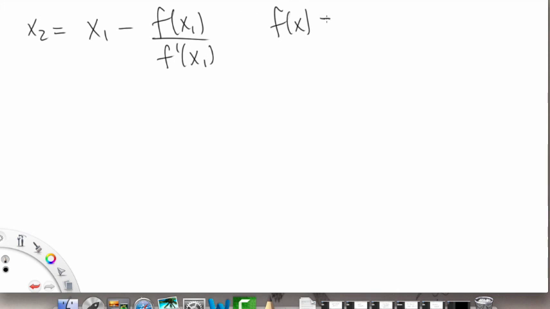We're going to do our x sub 2. x sub 2 is equal to x sub 1 minus f of x sub 1 over f prime of x sub 1. Again, f of x is cosine x minus 4 times x, and f prime of x is negative sine x minus 4.